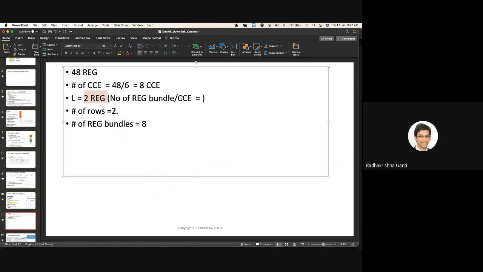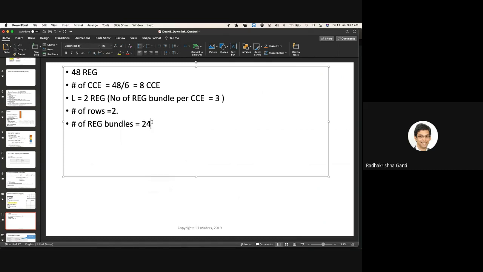So the number of REG bundles per CCE will be 3. Agreed? So the total number of REG bundles in this case will be 24.